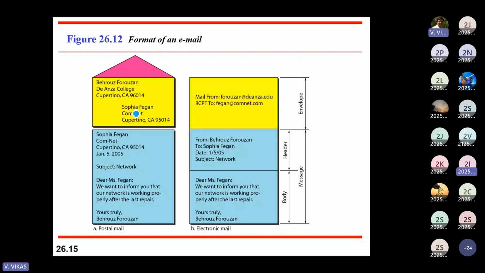Still there are many people who do use postcards or envelopes, in case you feel it has to be sent through the postal system only. In that case we'll be using postal mail. On the envelope we'll have the to address and the from address.